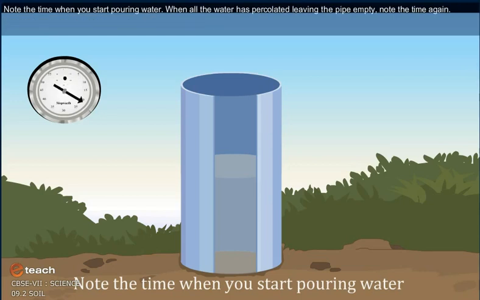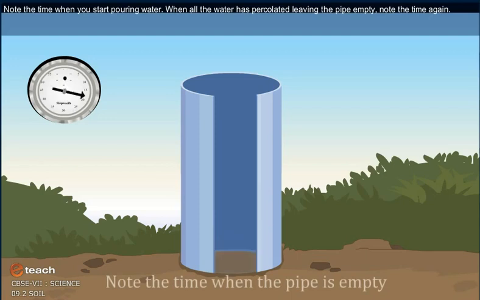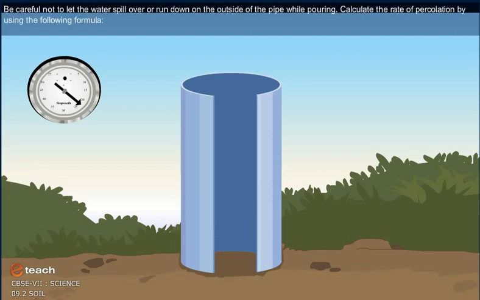Note the time when you start pouring the water. When all the water has percolated, leaving the pipe empty, note the time again. Be careful not to let the water spill over or run down on the outside of the pipe while pouring.